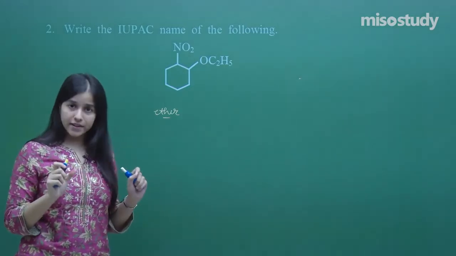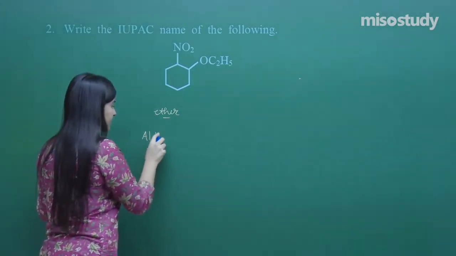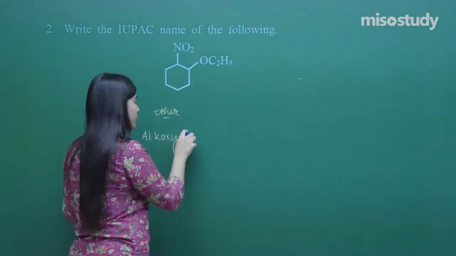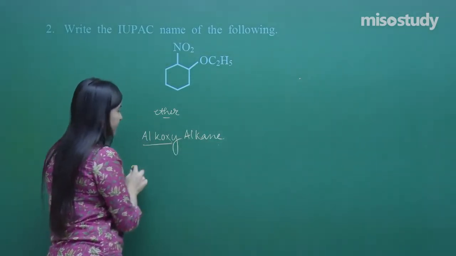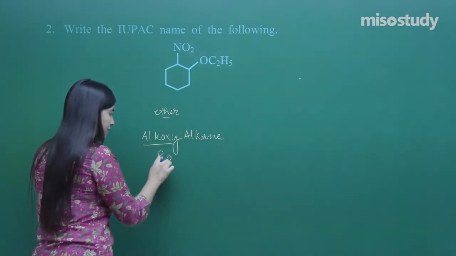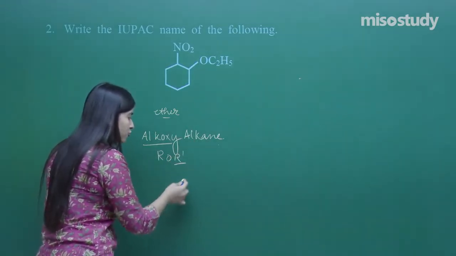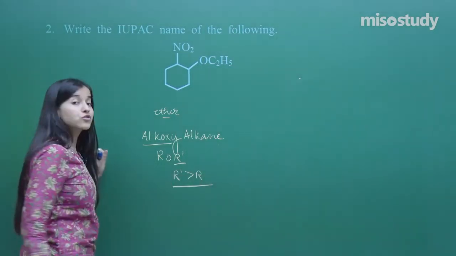As I've given you a trick, first is alkoxyalkane, the general name, right? Alkoxyalkane. So this alkoxy part should be OR, right? And this alkane should be R dash. R dash should always be greater than R in most of the cases.